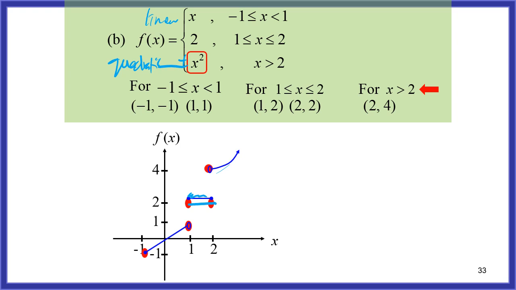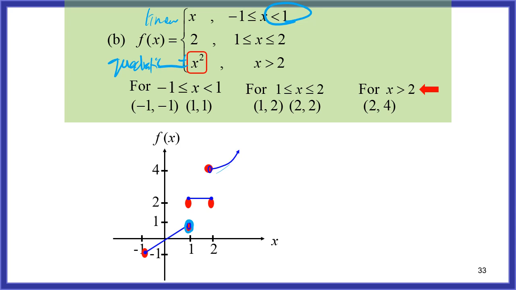Okay. So from the graph above, we can determine the domain and range. What is the domain? The domain here starts from negative 1 up to 1 and then continues in the second interval from 1 to 2. If you notice, at 1 for the first interval it's an empty dot. Why an empty dot? Because it's not included in the interval. Make sure you put an empty dot, a circle.